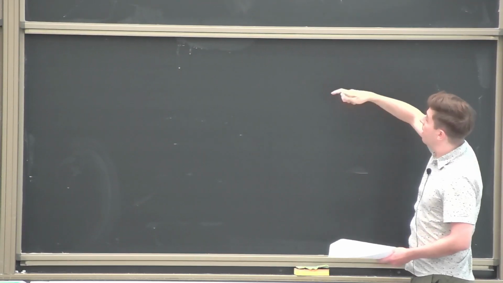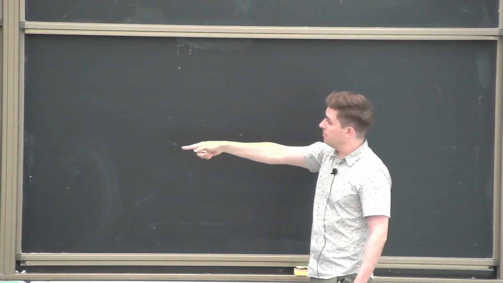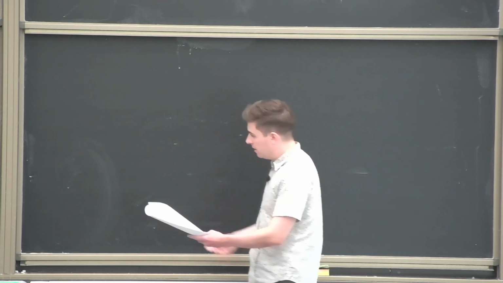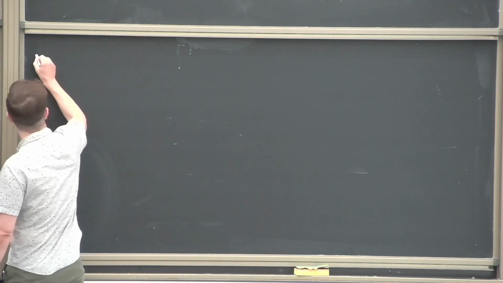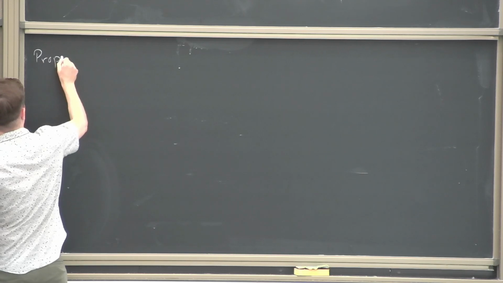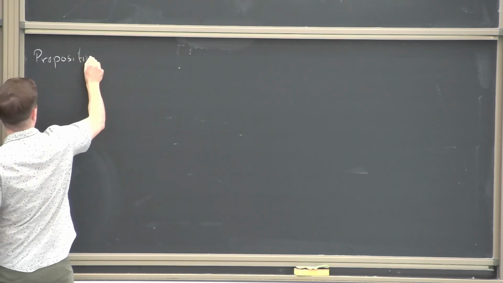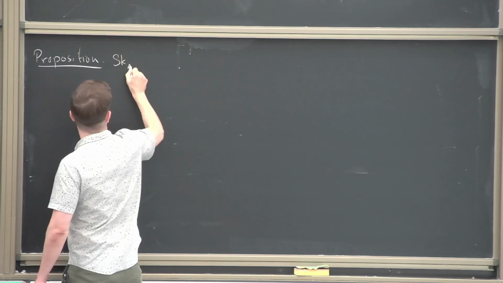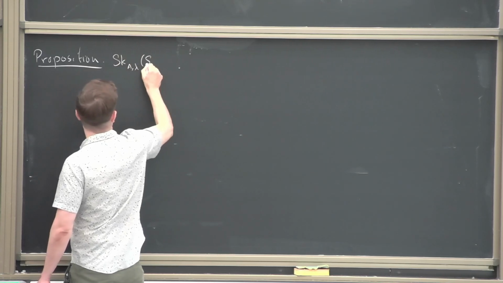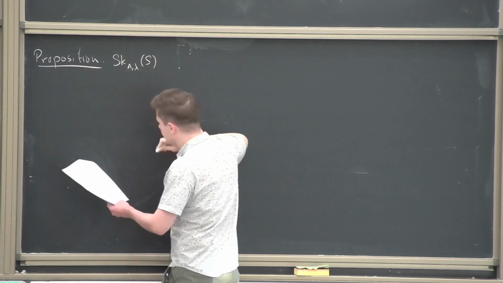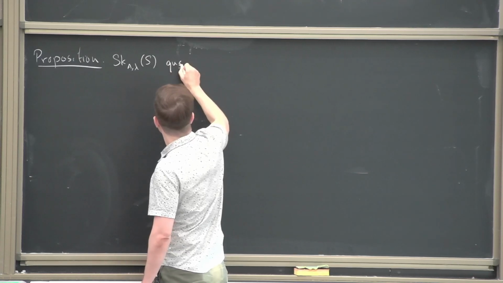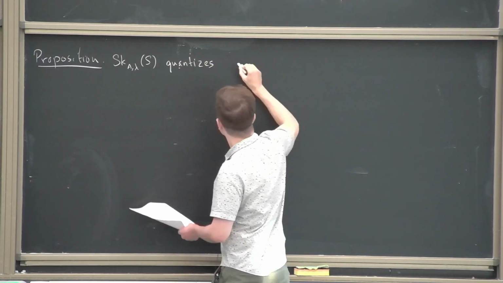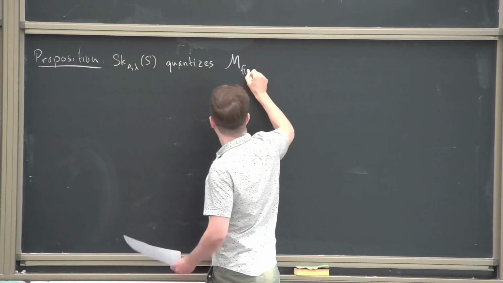And in the same way that the usual Kauffman bracket skein algebra quantizes the character variety, we have the following statement. This relative skein algebra, sk A lambda of S, quantizes the relative character variety.